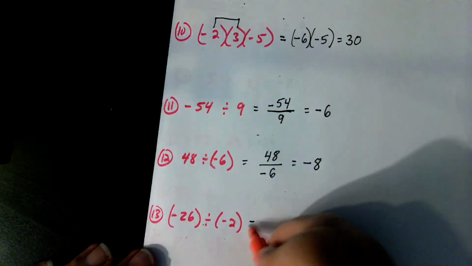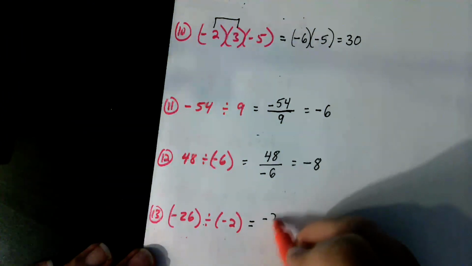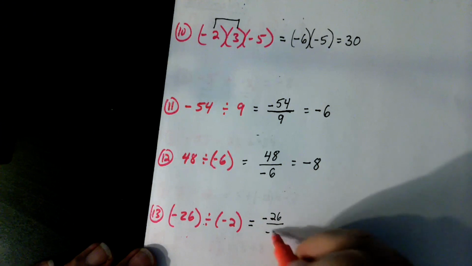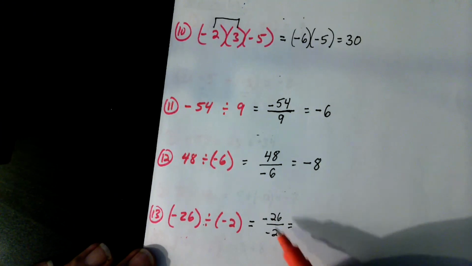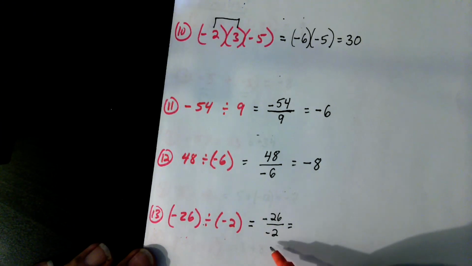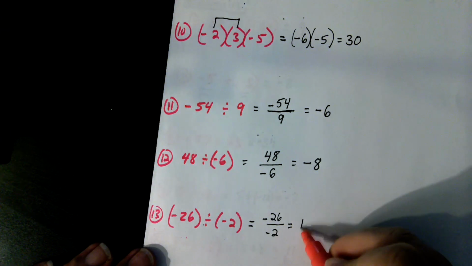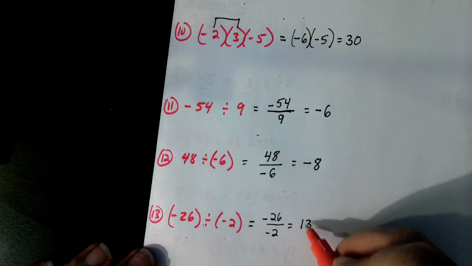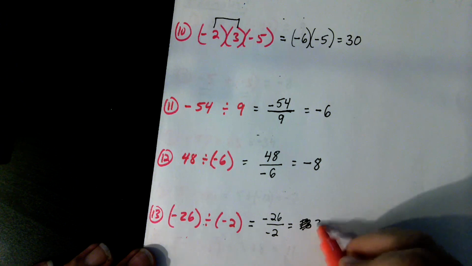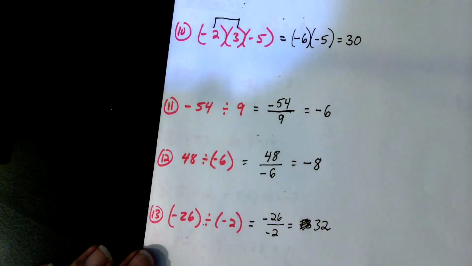My last example, I have negative 26 divided by negative 2. And a negative divided by a negative, just like in multiplication, a negative times a negative yields a positive. So this answer is going to be a positive 13.